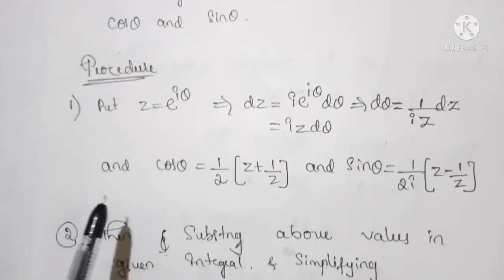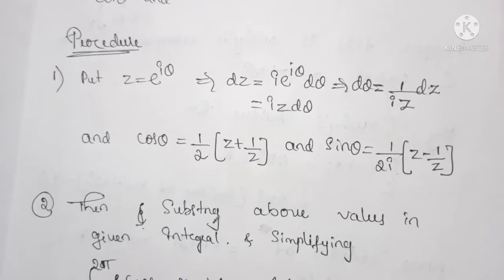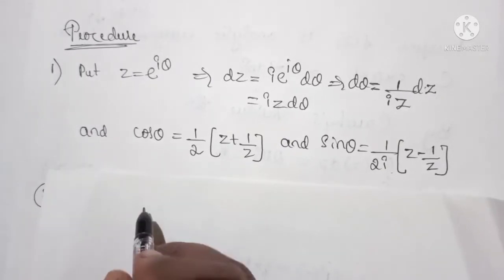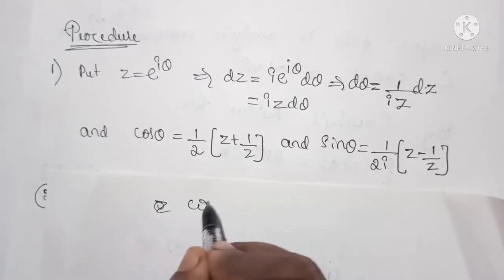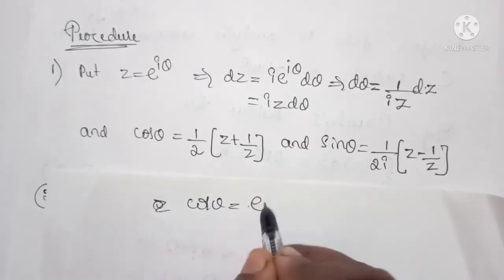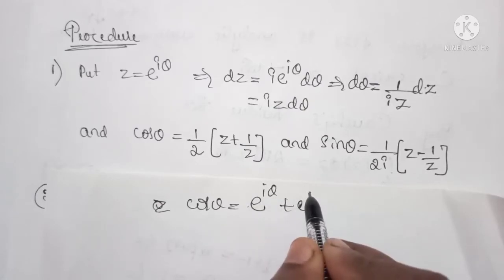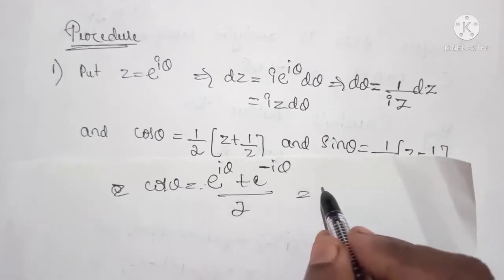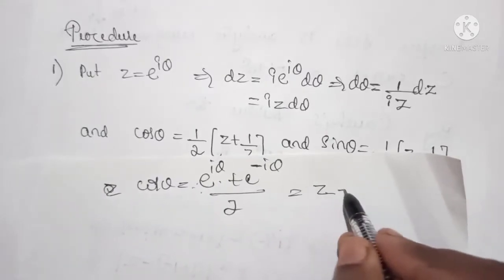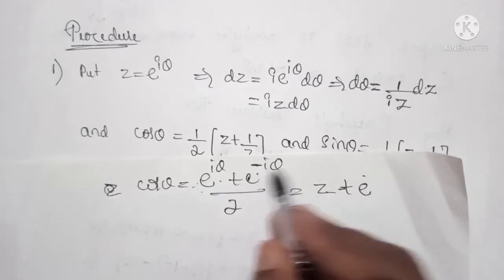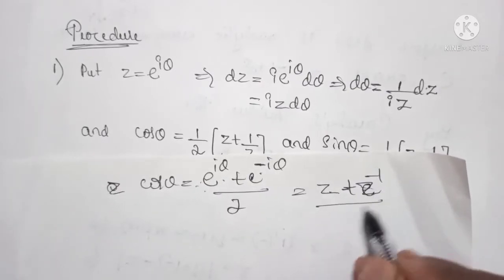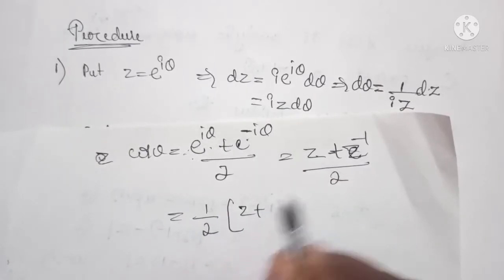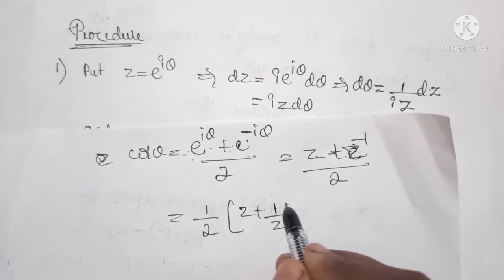And we know that cos theta equals e raised to i theta plus e raised to minus i theta, divided by 2, which is z plus z inverse divided by 2, where z inverse is 1 by z.